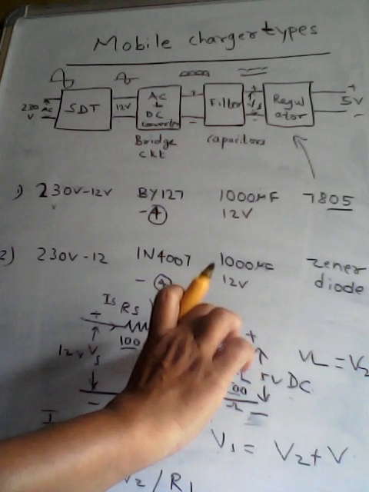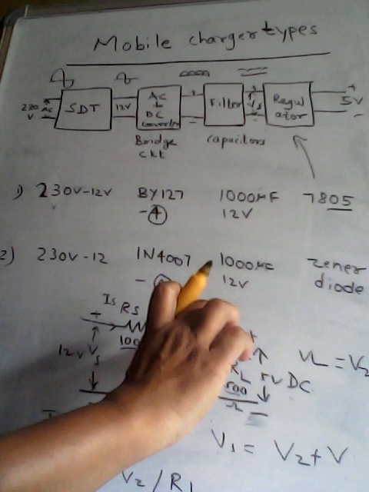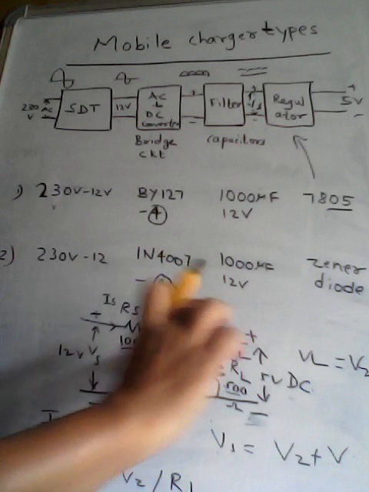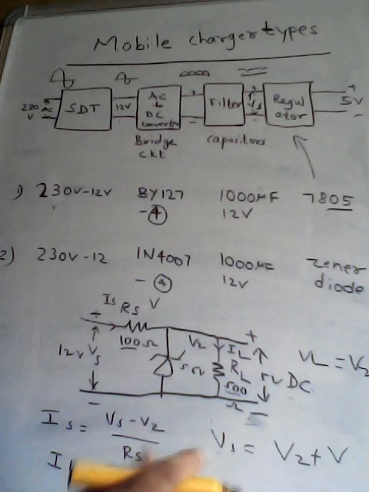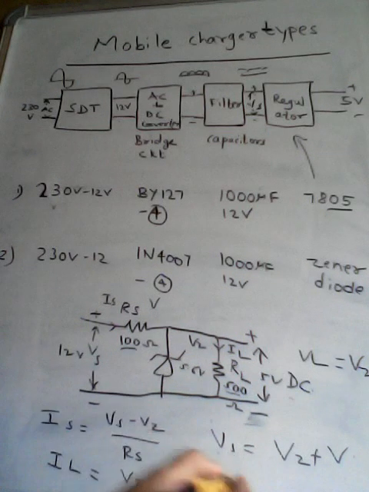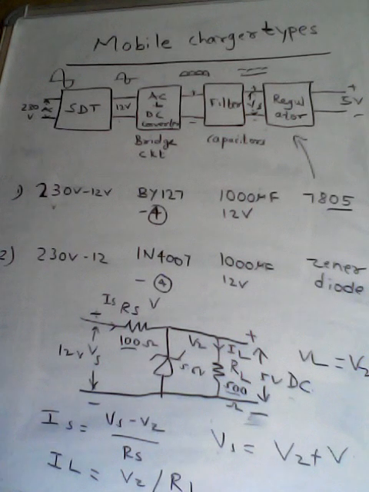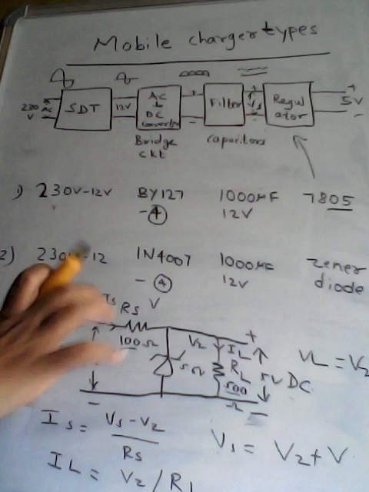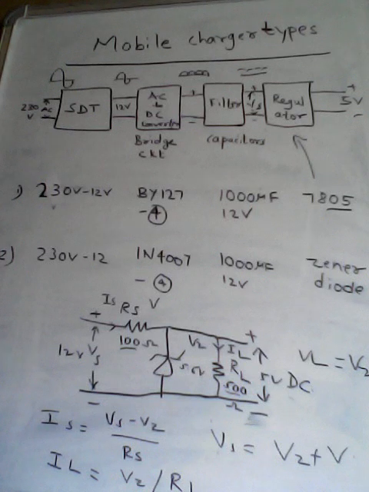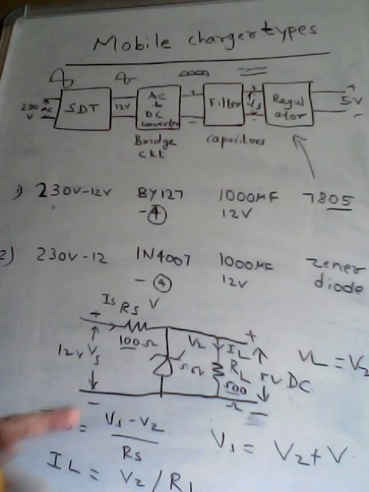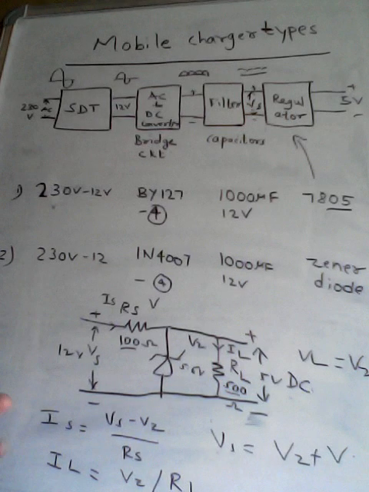I is V by R, so V is nothing but Vz. This voltage is 5.6, it will be 5.6 divided by the resistance of this. So based on that we can calculate the different currents, and we can use this circuit as the regulator circuit. By knowing the different values, what is the current required and all, we can implement this circuit. Thank you.